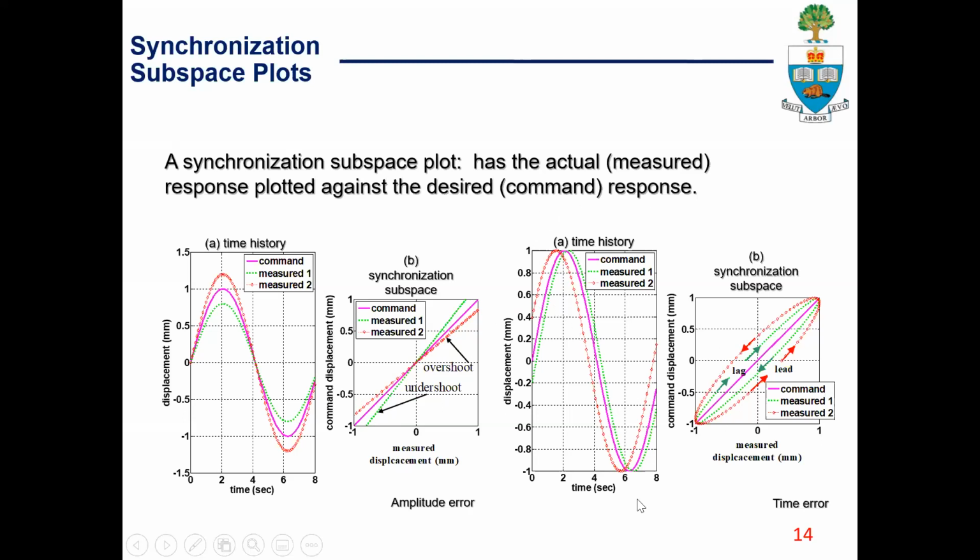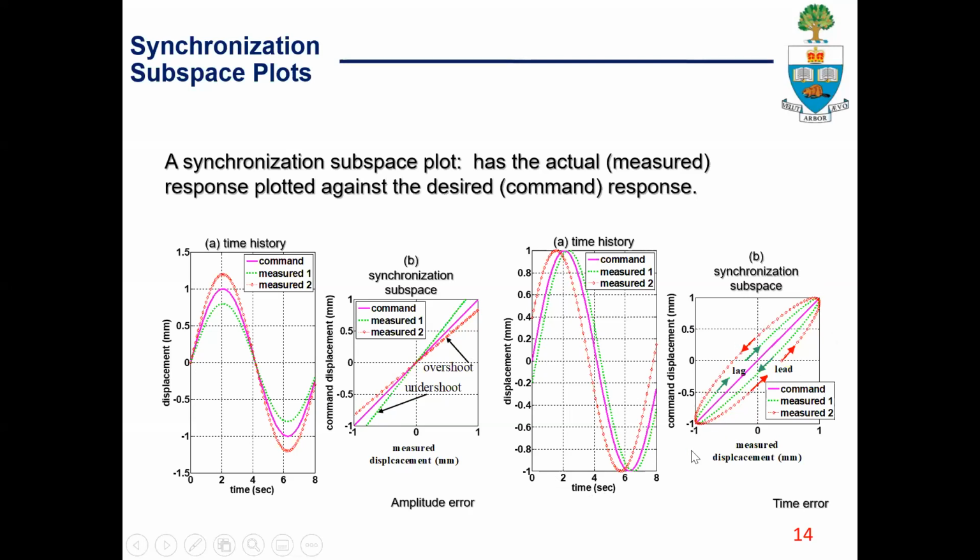Similarly, if we consider some toy signals where we have a command signal, and lead and lag versions, and we look at the corresponding synchronization subspace plot, this time we see that with the lead and lag error, with the phase error, we no longer have straight lines, but we have elliptical hysteresis that are clockwise and counterclockwise.